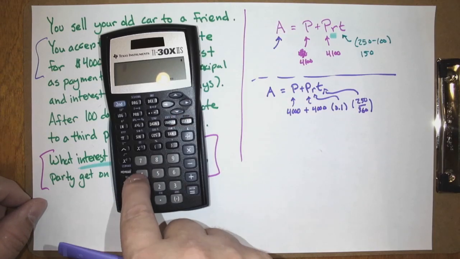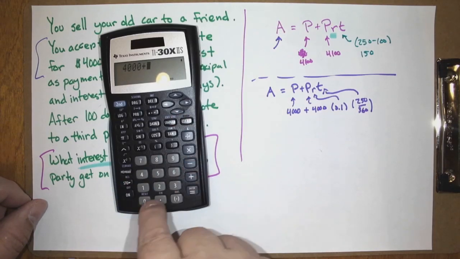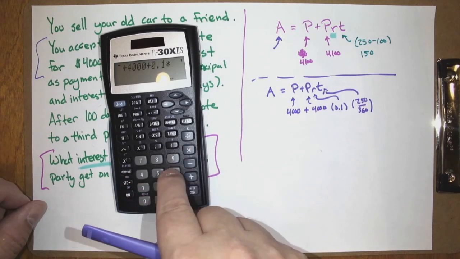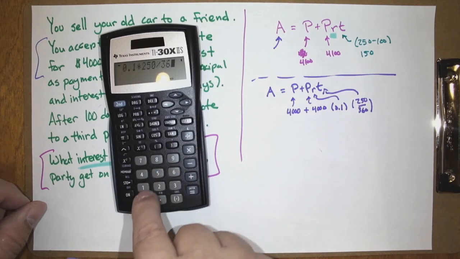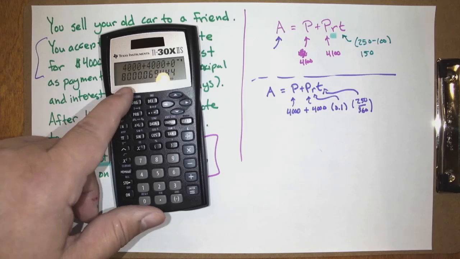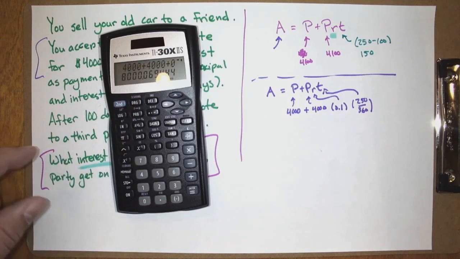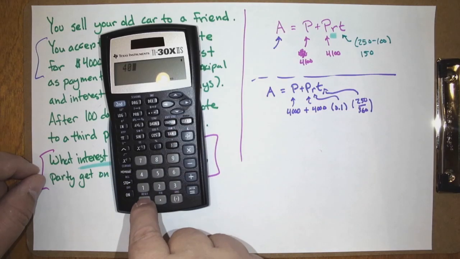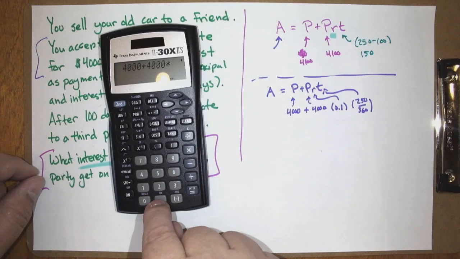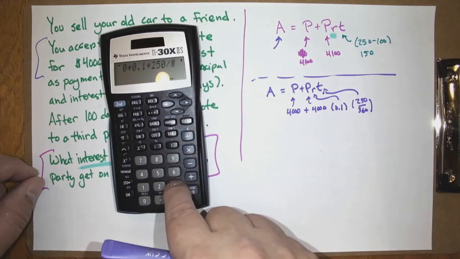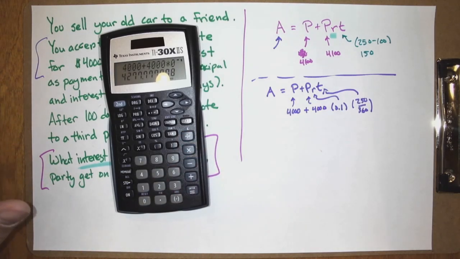So, spoiler alert, probably time to break out your calculators at some point if you haven't been using them. I'm sure everybody loves a good calculator. All right, so that can't be right. I obviously entered that in wrong. There's no way it's 8,000. Let's try that again. 4,000 plus 4,000 times 0.1 times 250 divide 360 equals, there we go.